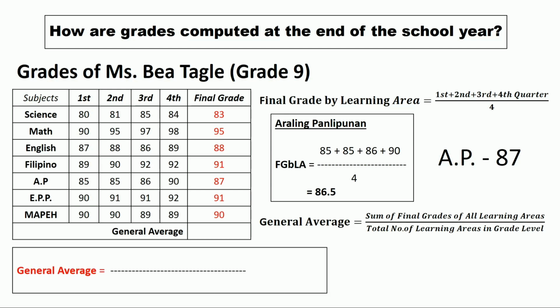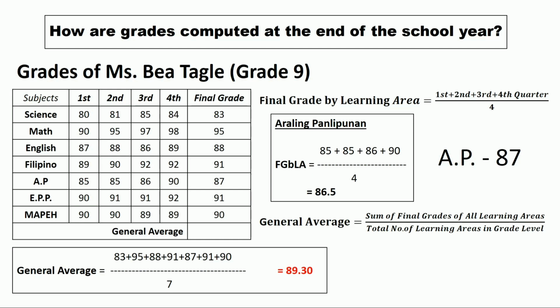So general average is equal to 83 for the science, plus 95 for the math, plus 88 for English, plus 91 for Filipino, plus 87 for Araling Panlipunan, plus 91 for Edukasyon sa Pagpapakatao, and plus 90 for the MAPEH divided by 7, which is the number of subjects in grade 9 level, is equal to 89.30.